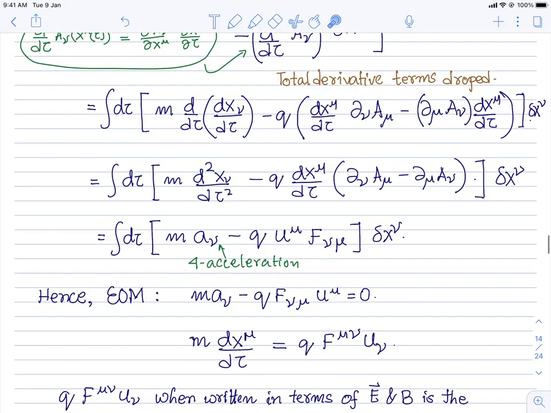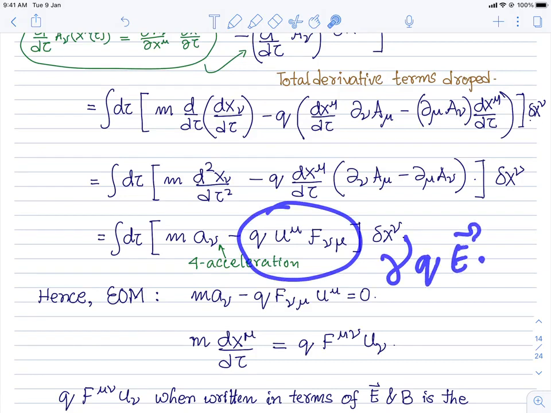Therefore, if you pull the δx^μ variation outside, this is the function with respect to which you are extremizing. This is the four-acceleration that you had before, and this is the Lorentz force. We demonstrated this in the previous video. This part comes out to be gamma times q times (E plus v cross B).